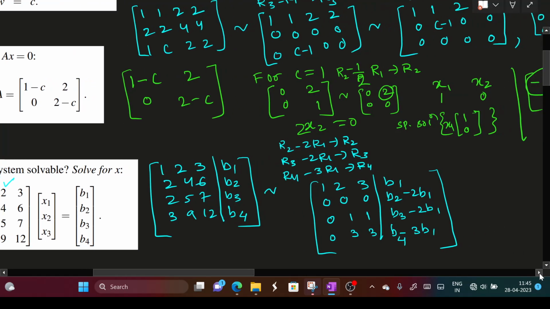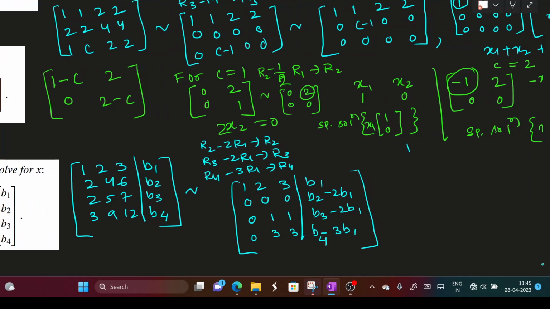So I have to go for row interchange. So R2, what operation will I do? R2 interchange with R3. So what am I getting? The pivot, to make the zero pivot a non-zero pivot.